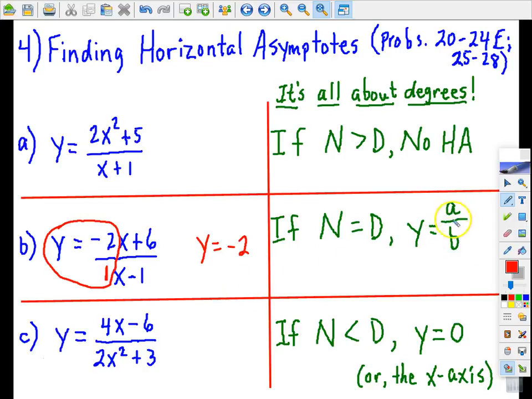Just make a fraction, top lead coefficient over bottom lead coefficient. Letter C shows a degree of 1 on the numerator, degree of 2 in the denominator. When this happens, numerator degree is less, then it's always the same line. You're going to draw a horizontal asymptote on top of the x-axis. So just a quick little review.